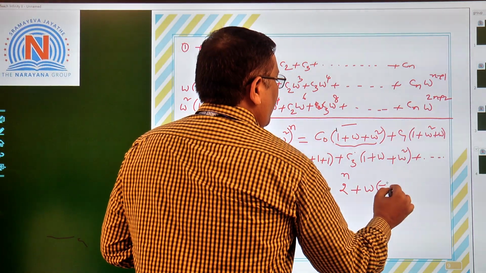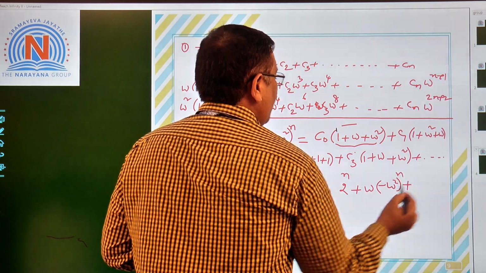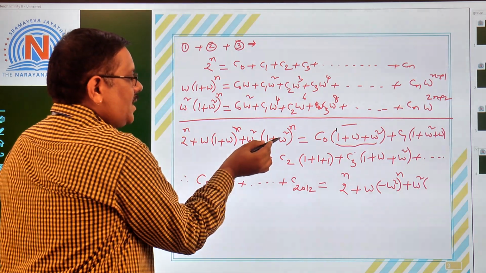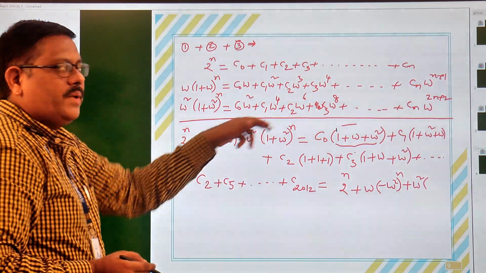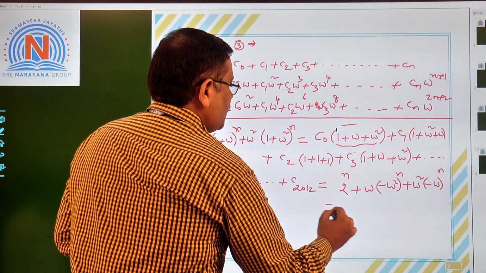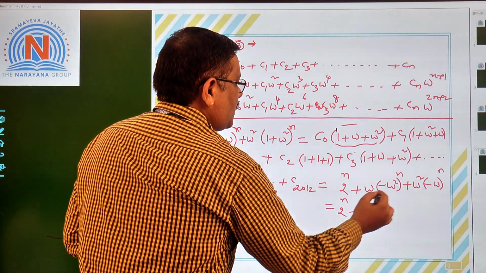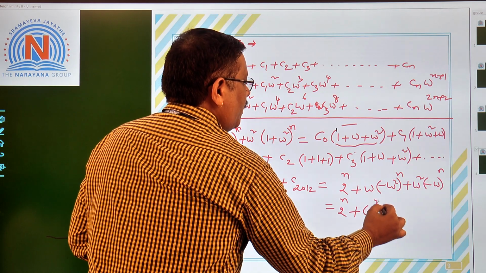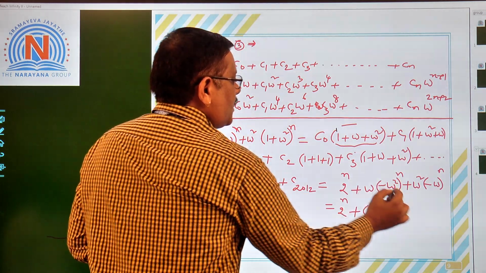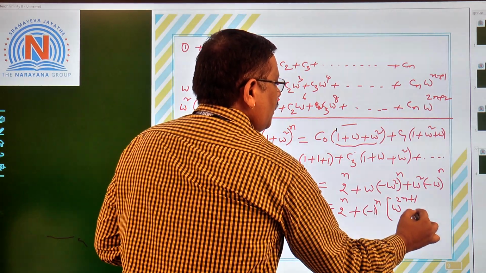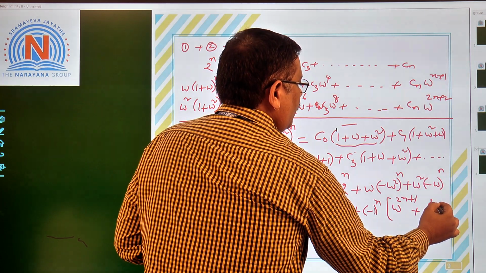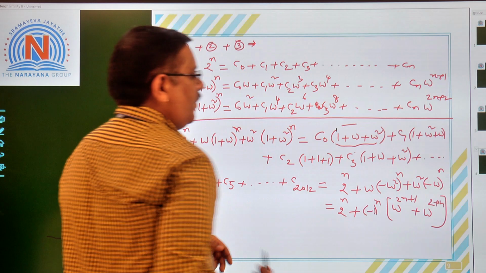So we have (minus omega square) whole power n plus, here also omega square times, here 1 plus omega square is minus omega, whole power n. Otherwise that is 2 to the power of n plus (minus 1) whole power n. If you take common, you have omega power 2n plus 1, that is omega power 2n plus 1, plus omega power 2 plus n. This is what we are going to have.